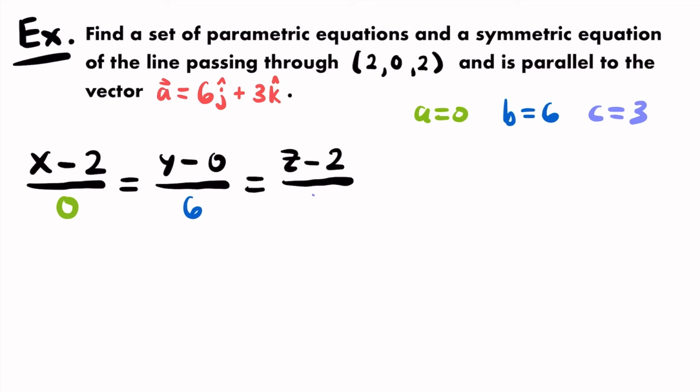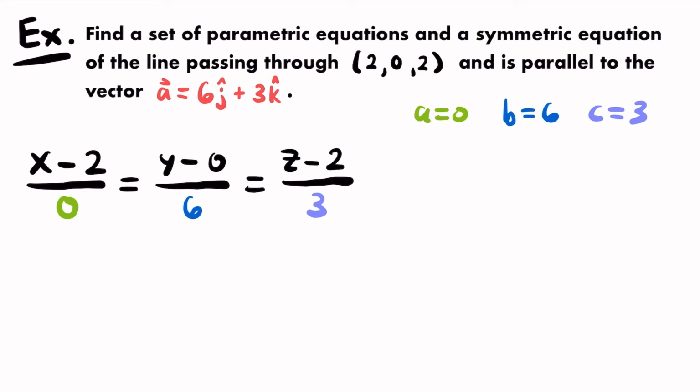I'm not going to box this in. This is not going to be our final answer. In order to adjust this answer such that we aren't dividing by 0 for this part of it, we're going to first find our set of parametric equations, and that will help us determine how to rewrite this one. You'll see what I mean when we get there.